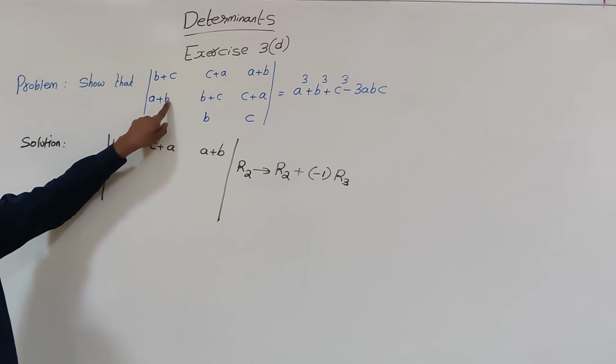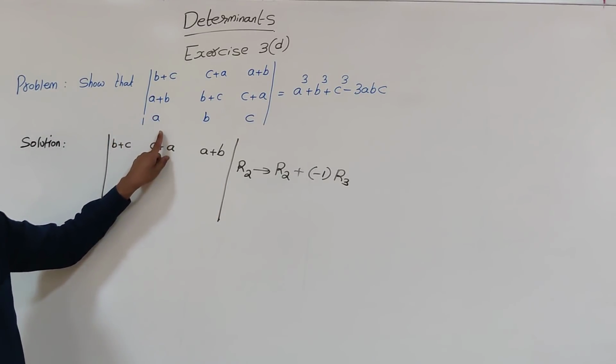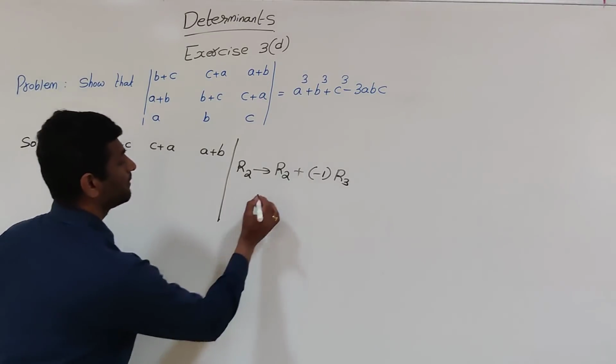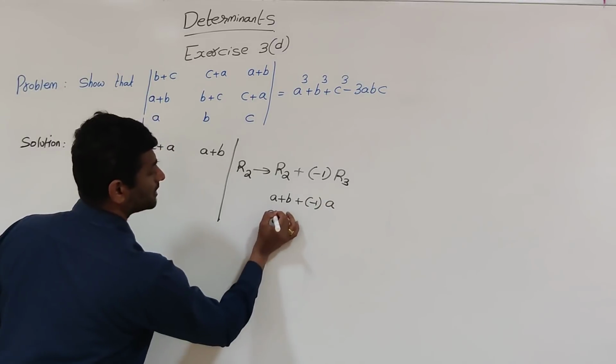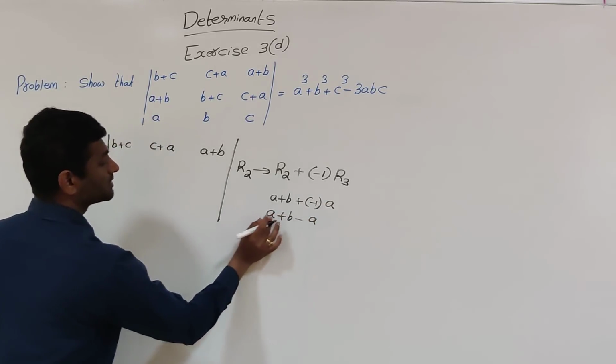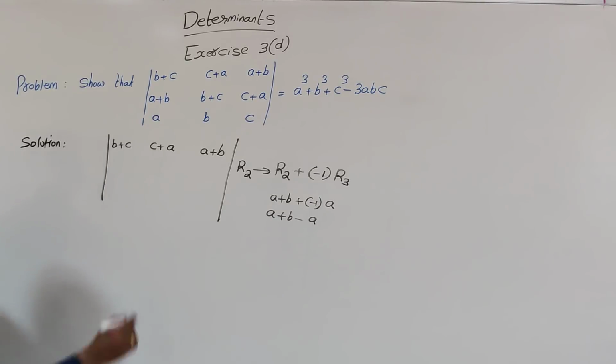So A plus B plus minus 1 times of A. So what it will be? That is A plus B minus A. Minus A plus A get cancelled. So it will be left over B.